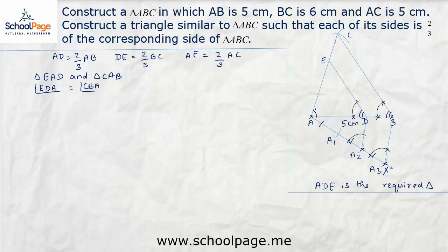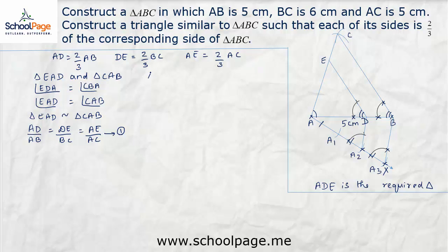This angle is a common angle to both the triangles. Hence, we can say that angle EAD is equal to angle CAB. Triangle EAD is similar to triangle CAB by AA similarity criterion. So we can say that AD upon AB equal to DE upon BC equal to AE upon AC. Let us mark this as equation 1.